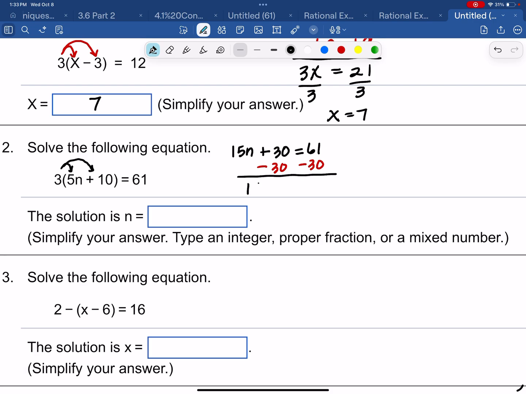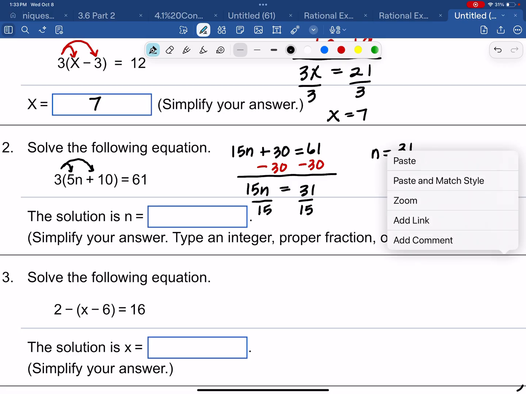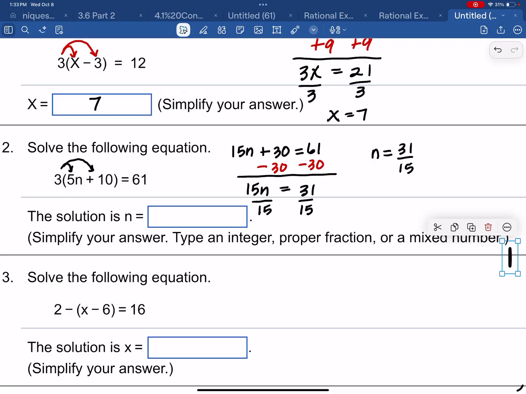That's going to give me 15n equals 61 minus 30 is 31. Divide by 15, and we are going to get a fraction this time. Our n is equal to 31 over 15. Now, if you think that's weird, go ahead and check it to see if that's right or not.